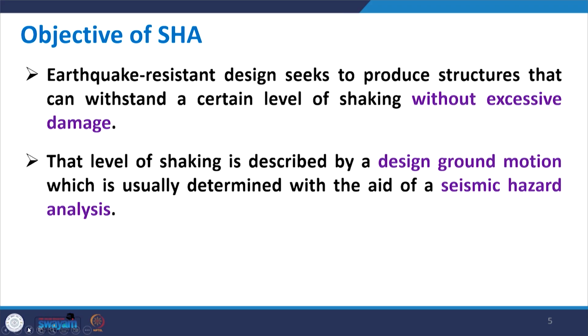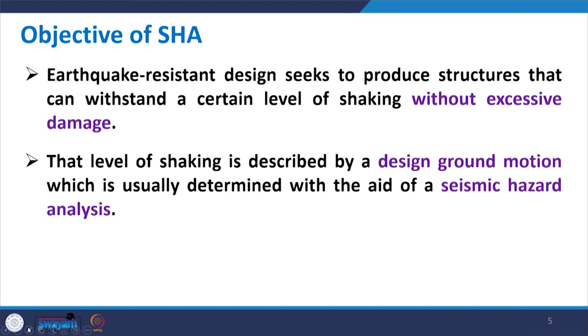To carry out earthquake resistant design, it requires that you decide what should be the level of shaking considered for designing these structures, and this is not an easy task because it depends on your locality and on many other factors. The structures should be designed earthquake resistant without excessive damage, and the level of shaking is described by design ground motion, which is usually determined with the aid of seismic hazard analysis.